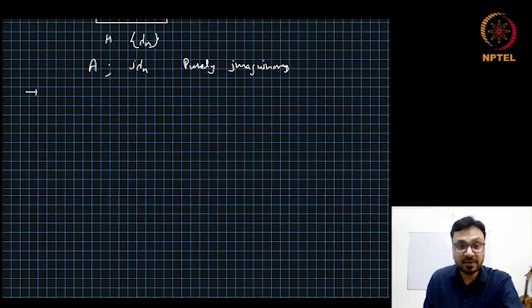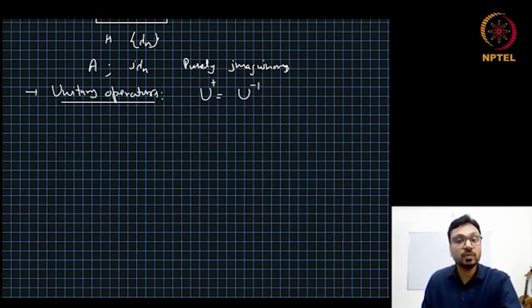Next class of operators which are of interest to us are the unitary operators. An operator U is unitary if its adjoint is its inverse.